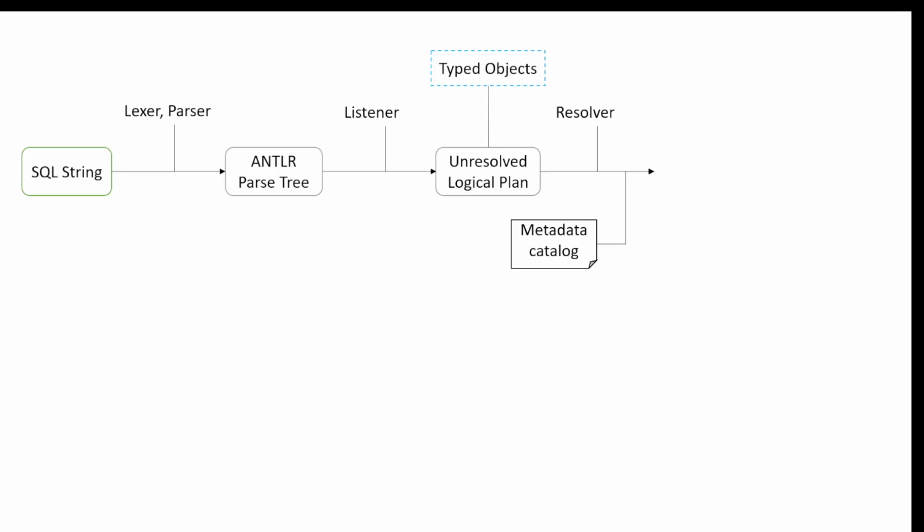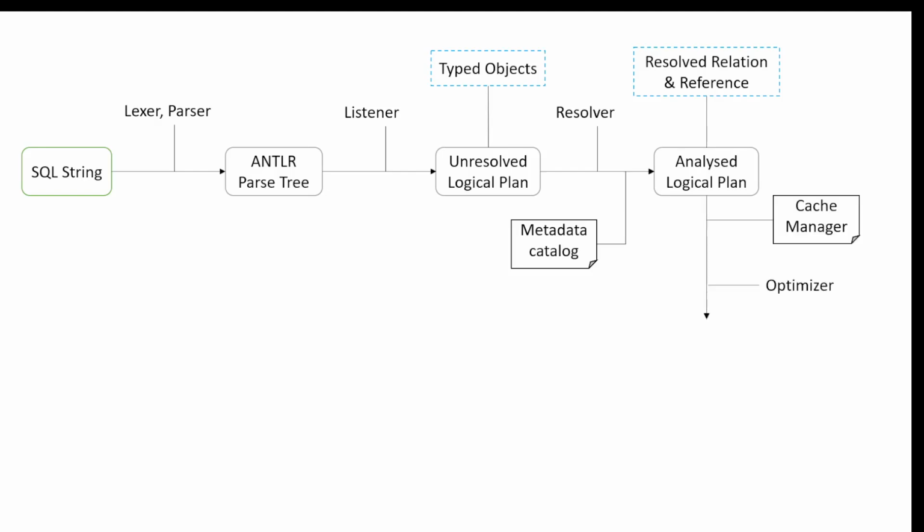What does it mean? What is the column name and so on. So once it has that, it has an analyzed logical plan, and this analyzed logical plan has resolved relations and references. For example, tables, schema, database, joins if we are using them. All those things have been resolved in here.